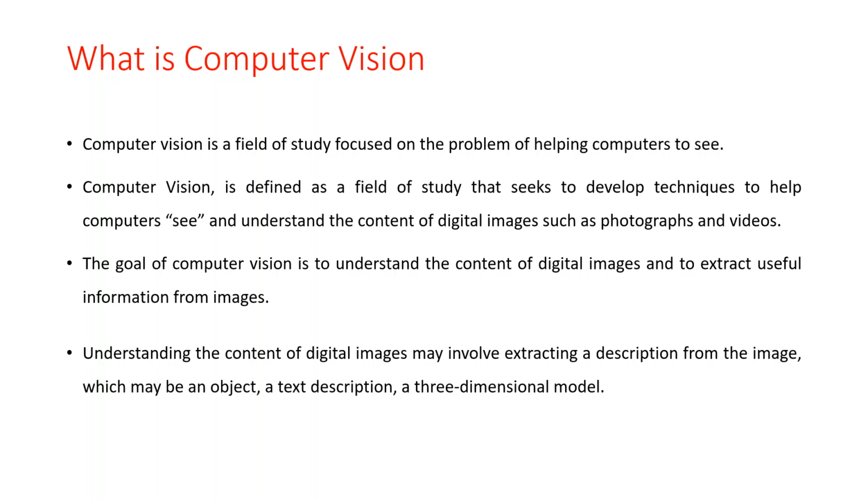Computer vision is abbreviated as CV. It is defined as a field of study that seeks to develop techniques to help computers see and understand the content of digital images such as photographs and videos. Computer vision is a field of study focused on the problem of helping computers to see.